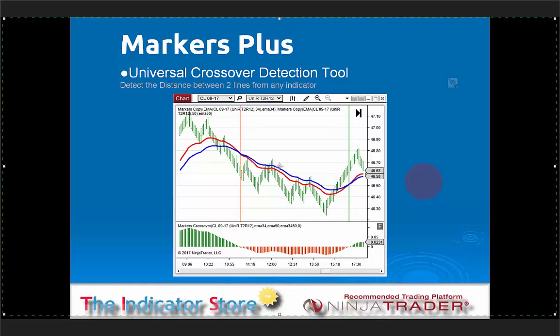The midpoint of a Bollinger, the upper band of a Bollinger, one of the RSIs, part of the MACD. You can combine crosses of any two lines you can think of. There's more creativity that can occur in that than you can fathom. So if you're a creative person, get ready to be excited because it's fun and powerful.